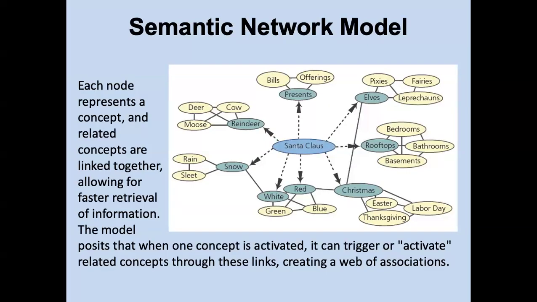Okay, so how is memory organized? So the semantic network model, basically, we've all had this experience. For those of us who are living with ADHD, we maybe have it a little more than other people, right? So the visual here is that every node is a concept, and the concepts all link together.